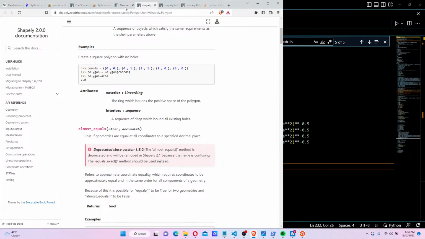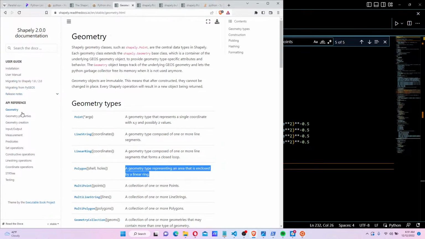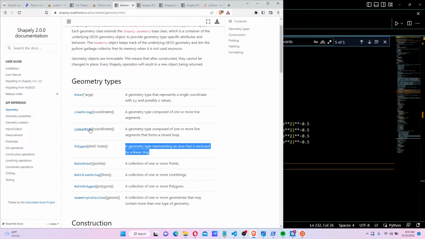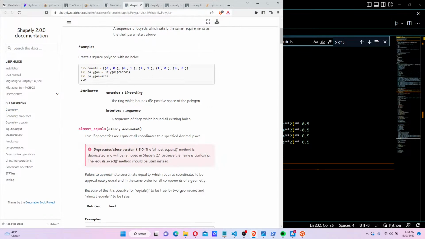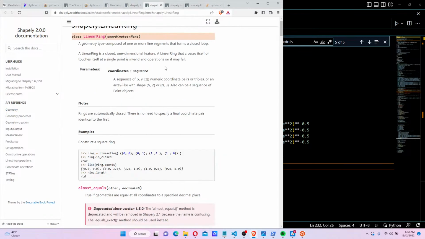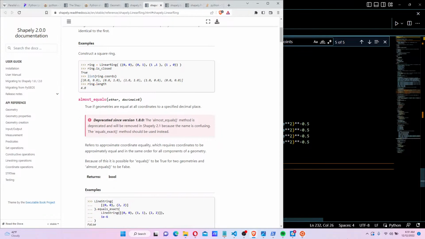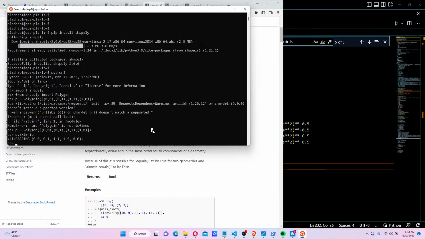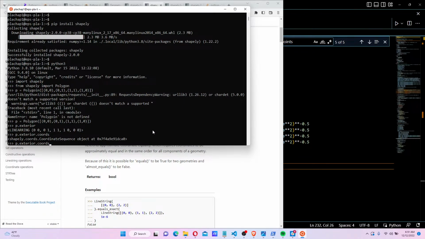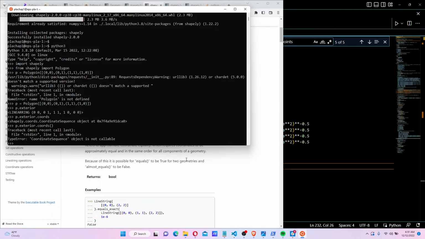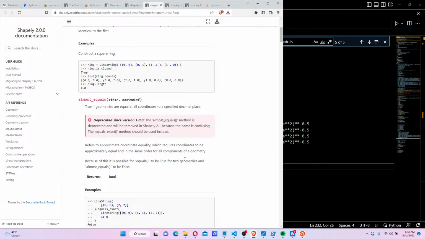So I want to figure out about linear ring. Geometry type. Dot linear ring. Okay. So dot coords. Ring dot coords.